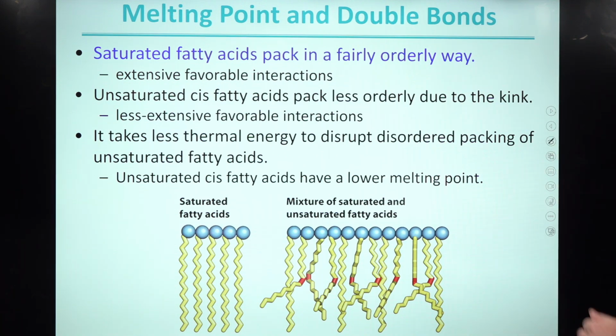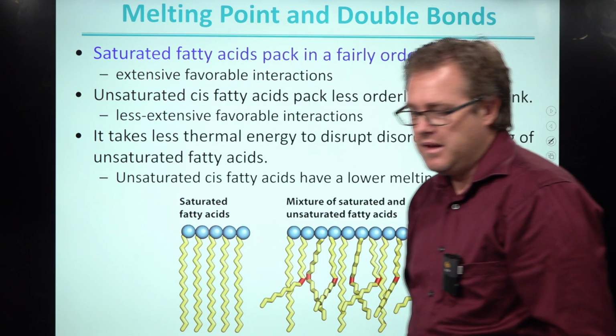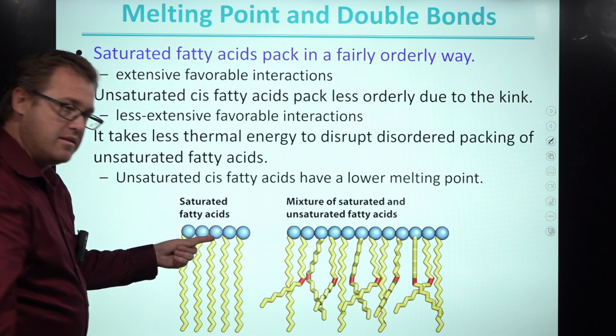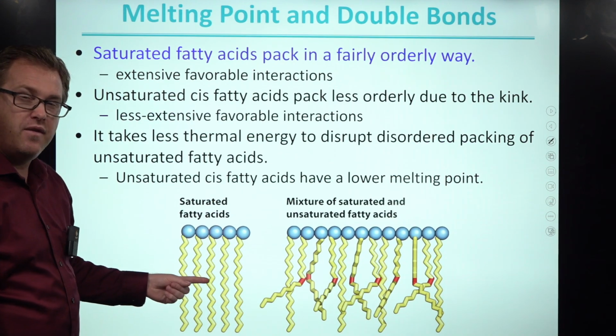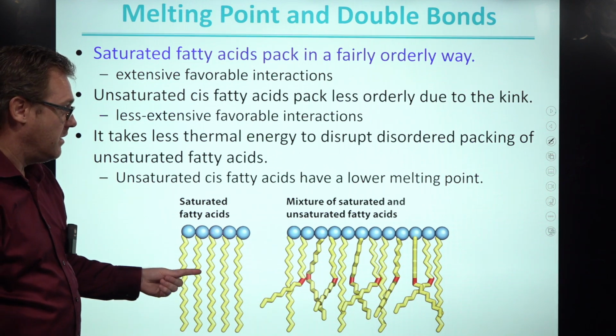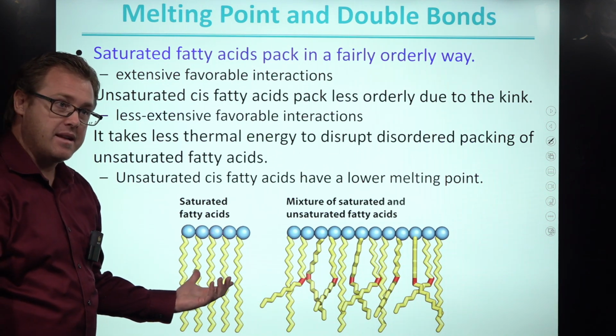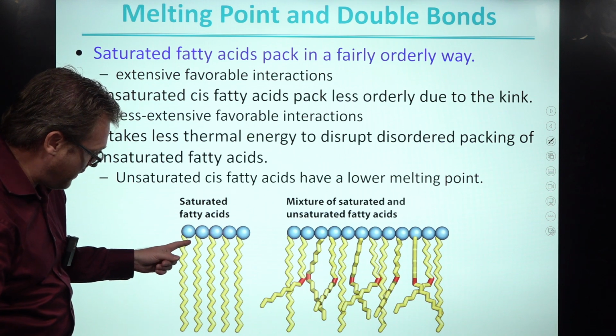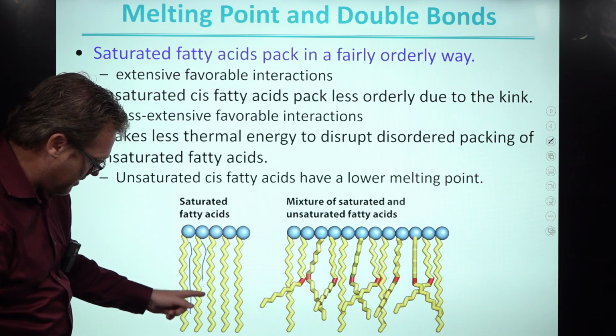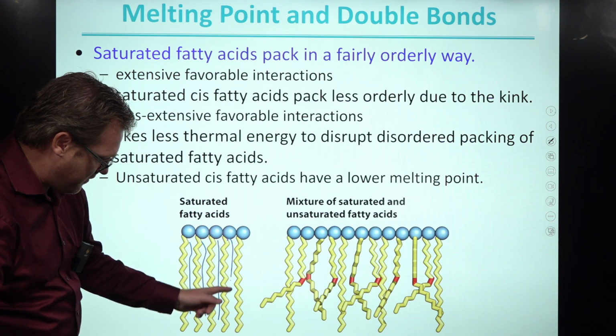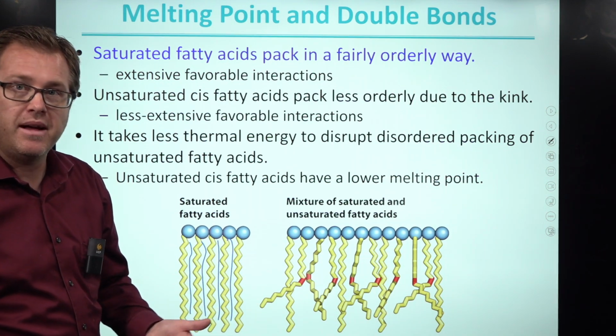Well, that's what you see right here. The saturated fatty acids are going to pack together very nicely. And because they're packed so nicely, you see all those van der Waals forces in between there, right? And all those van der Waals forces are going to increase the melting temperature.